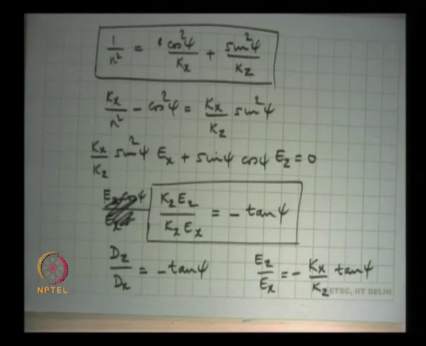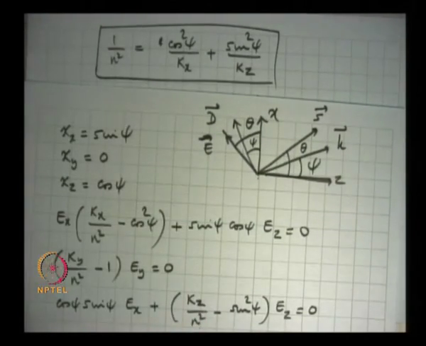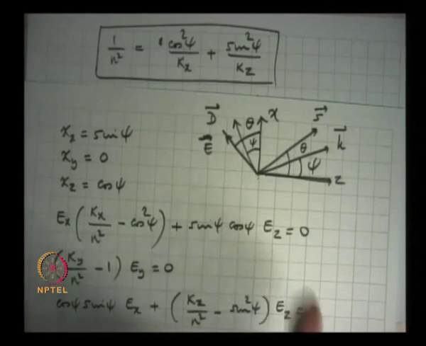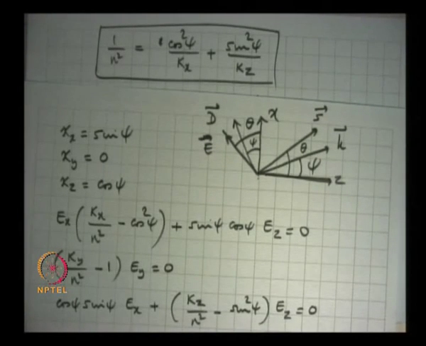If you propagate with psi equal to 0, that means along the z axis, then n will be square root of kx. If you propagate with psi equal to pi by 2, that means along the x direction, n will be square root of kz.